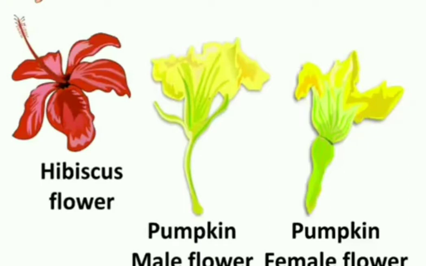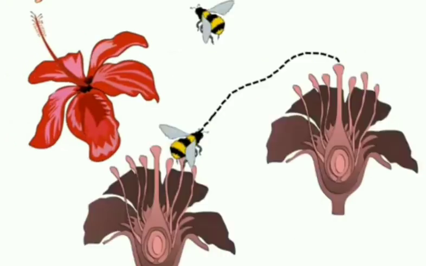But in the case of pumpkin, the flowers are separate: the male flower has only stamens, and the female flower has only carpels, means gynoecium.